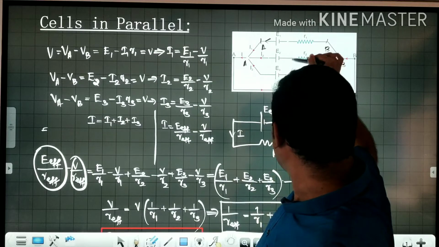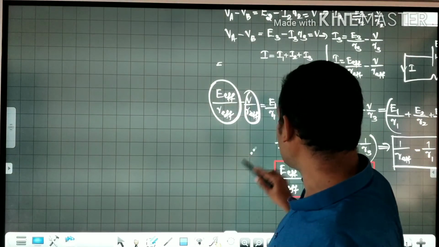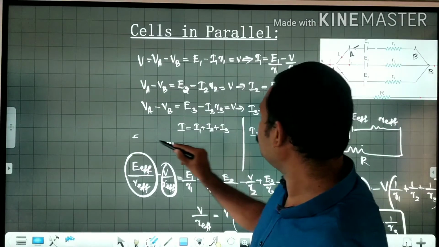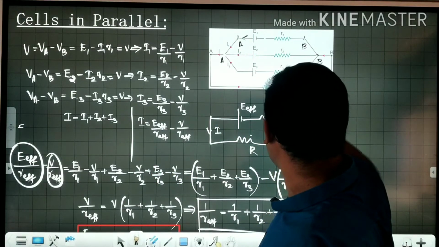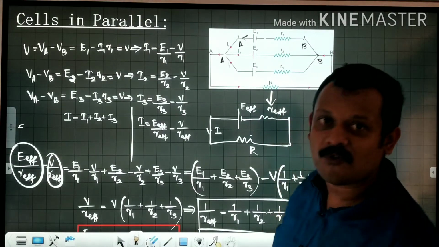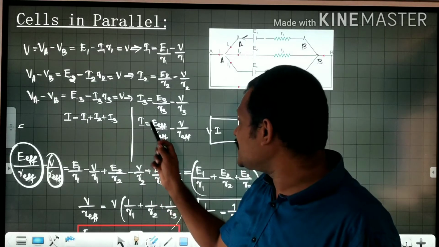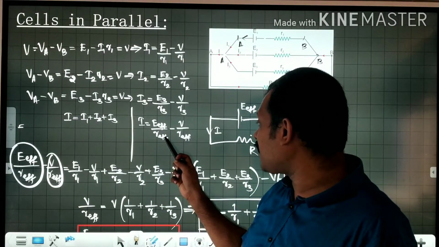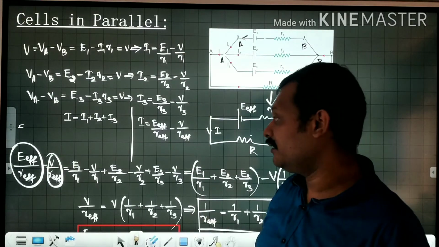What I said is that the same combination can be converted to a cell of this form. In that situation, what we get is I is equal to E effective divided by R effective minus V by R effective, just similar to the procedure we followed earlier.